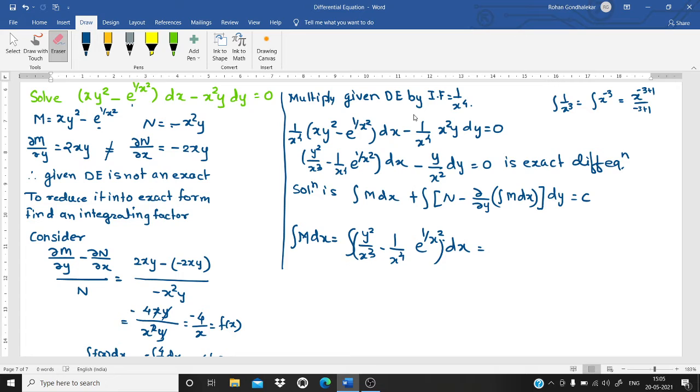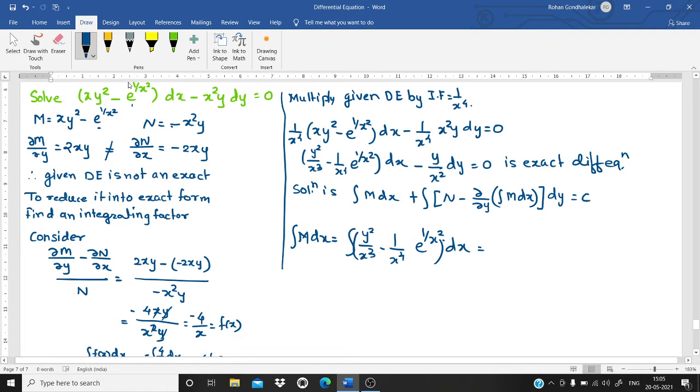X raised to minus 2 is 1 upon x square. And there is minus 2 in the denominator. So hence for the first term, the integral will be y square as it is, and the integration of 1 upon x cube is minus 1 upon 2x square. Is it? Fine. Plus, oh sorry, minus.